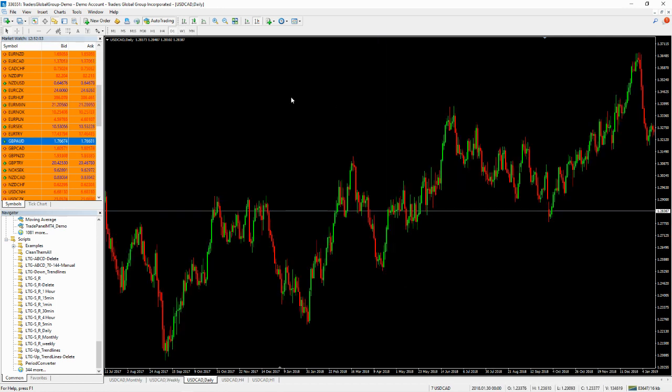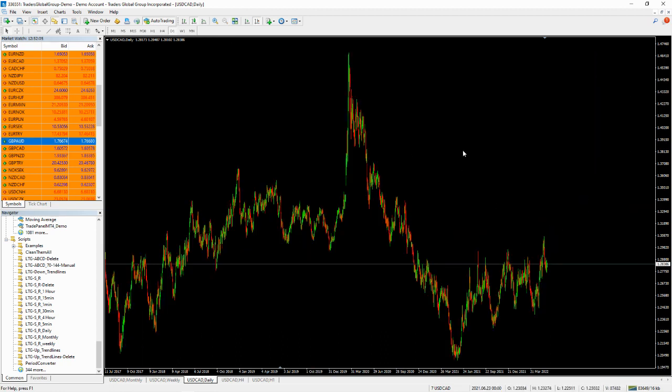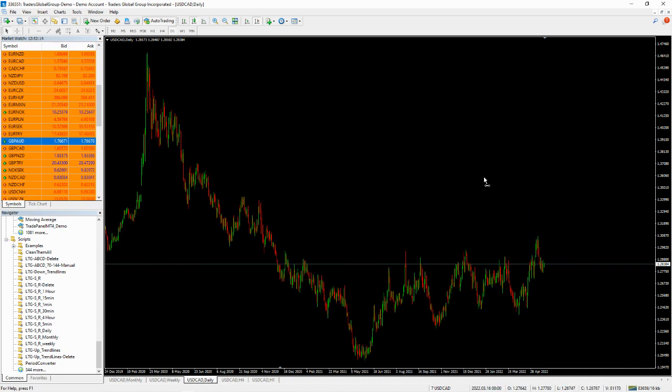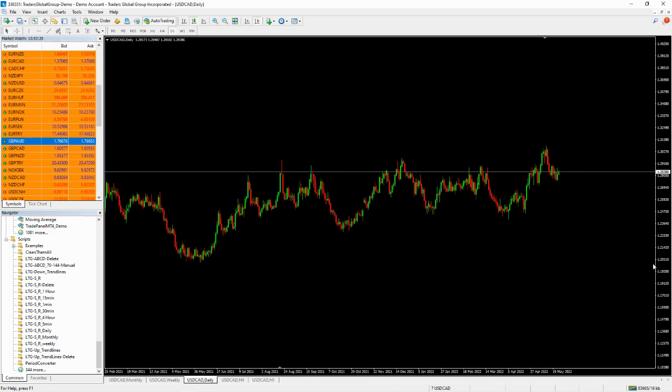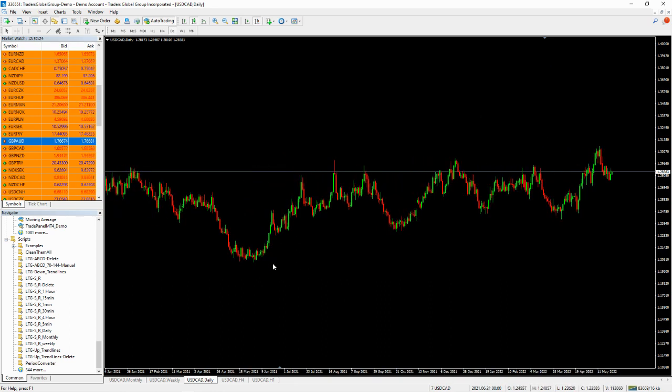So let's head to the daily. Let's zoom out, and again you can see what's going on here. We can add some daily levels in if we wanted to, but I'm just going to zoom in, because we can also potentially draw in a channel here.